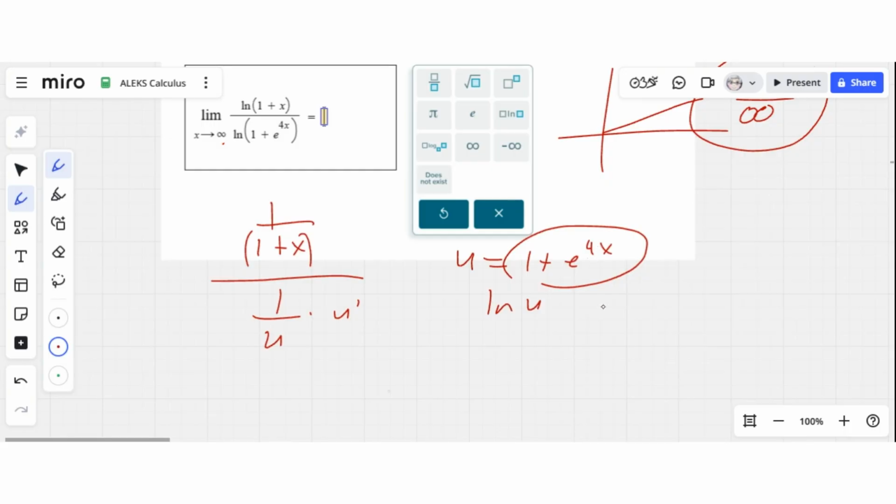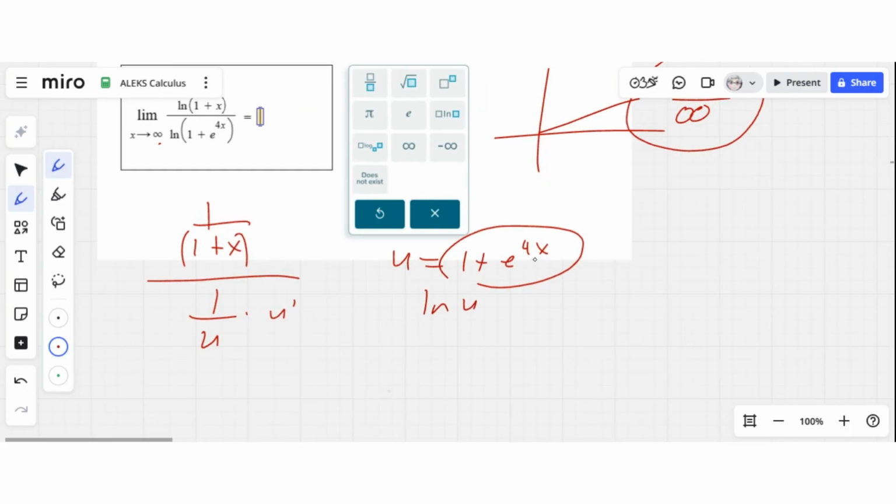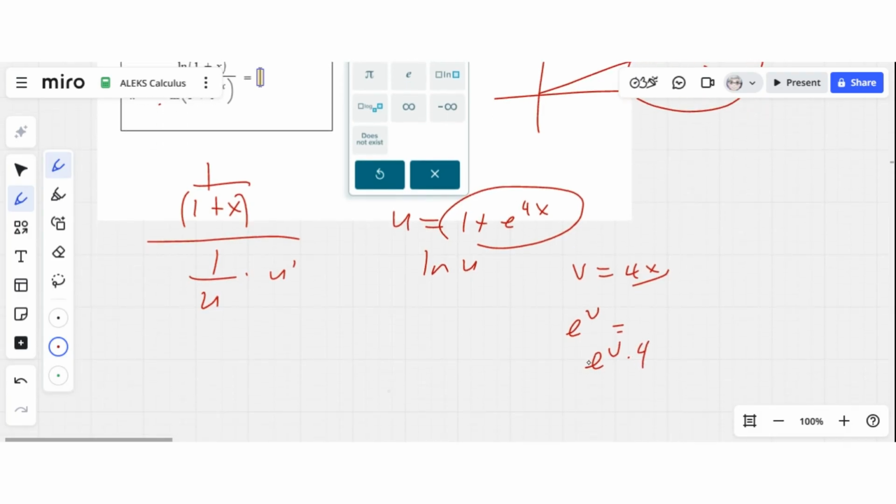I also want to do some substitution here to take this derivative. I don't have to worry about the 1, but for e to the 4x, we could say v equals 4x, and the derivative of e to the v equals e to the v, times the derivative of v, which is 4. So if we put all of that in, the derivative of u is going to be e to the 4x multiplied by 4.